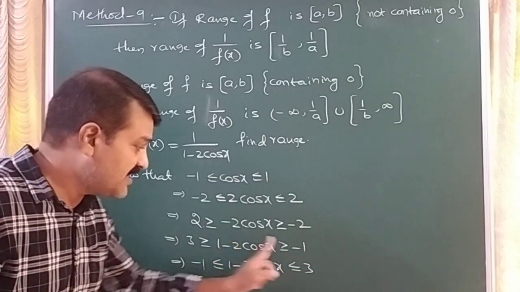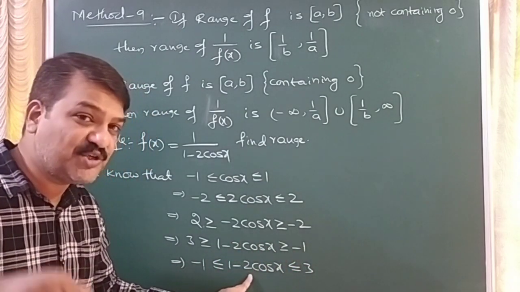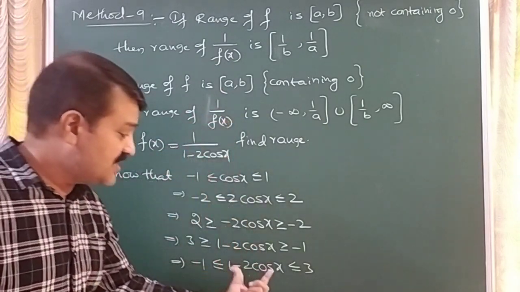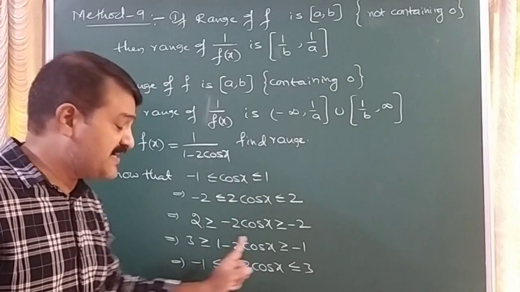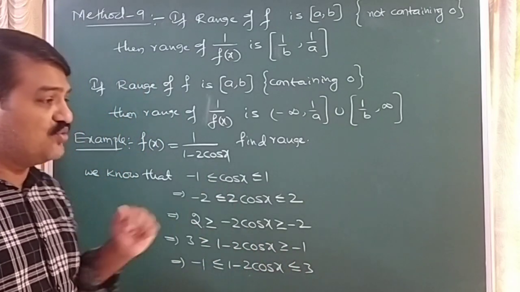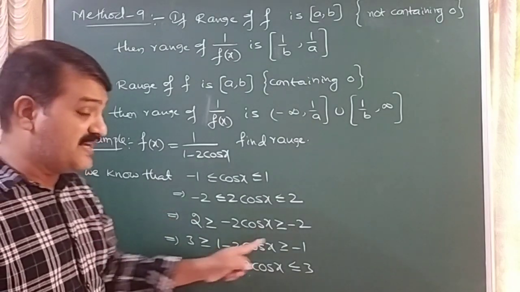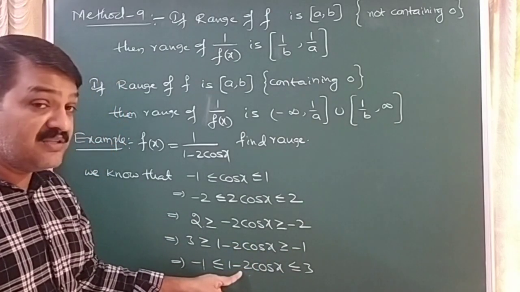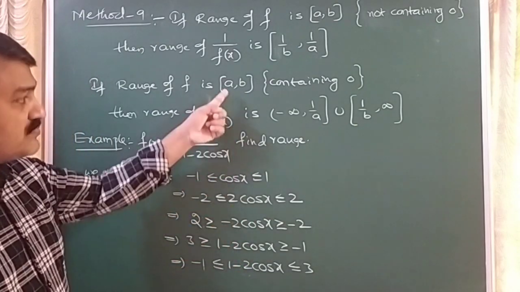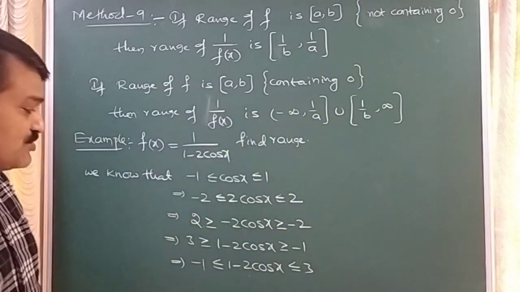That means this particular range contains 0. So this function range is -1 to 3, which means it contains 0. 0 is there in the interval. Therefore, when you want the range of reciprocal of this function, this technique we have to use.